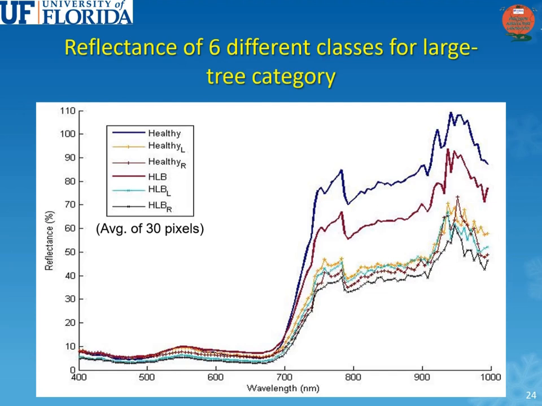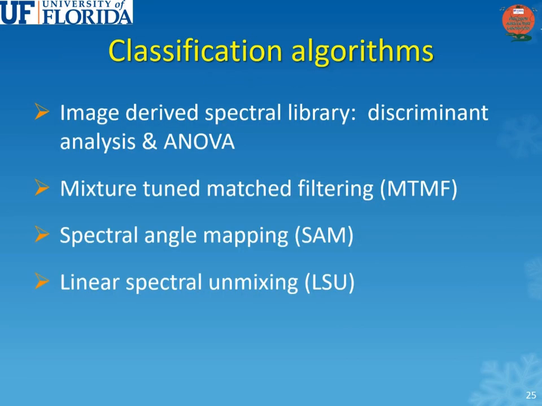Again, we collected the average reflected spectra of six different classes from those images, and we implemented different methods: discriminant analysis, mixture tuned matched filtering, spectral angle mapping, and linear spectral mixing.